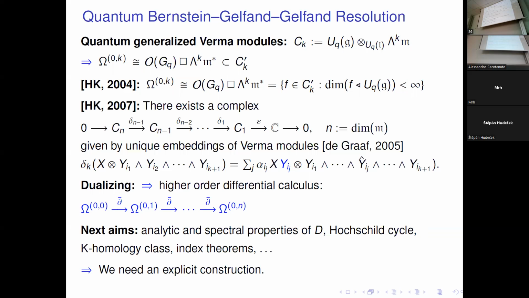Dualizing, we get the associated forms, as I was talking about, getting forms by considering associated vector fields. So we get everything for free. We get the Dolbeault operator, we get the forms, we get the actions. What we need now is Hilbert space and adjoints. And if you want to compute the spectrum, we need an explicit construction to be able to construct the spectrum.